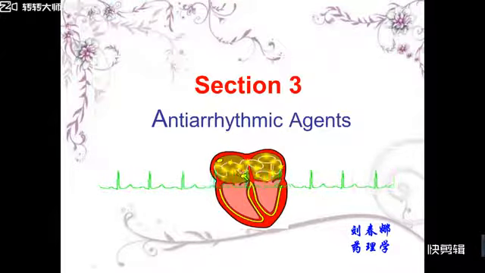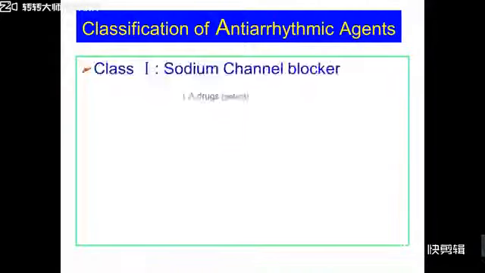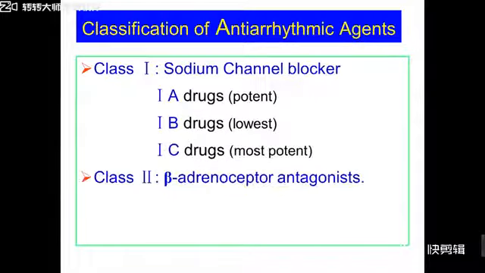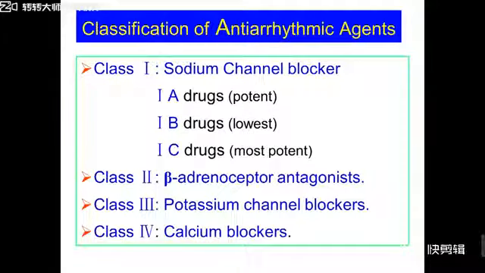So antiarrhythmic drugs mainly block these channels. The classification of antiarrhythmic drugs includes these inhibitors. The first class, sodium channel blockers. The second class, beta receptor blockers. The third class, potassium channel blockers. And number 4, calcium channel blockers.